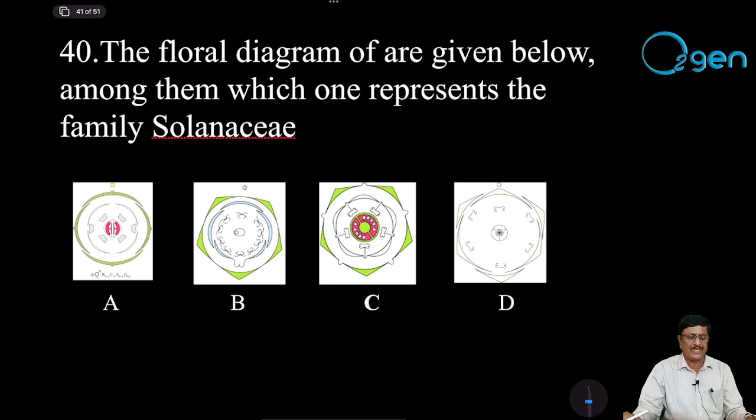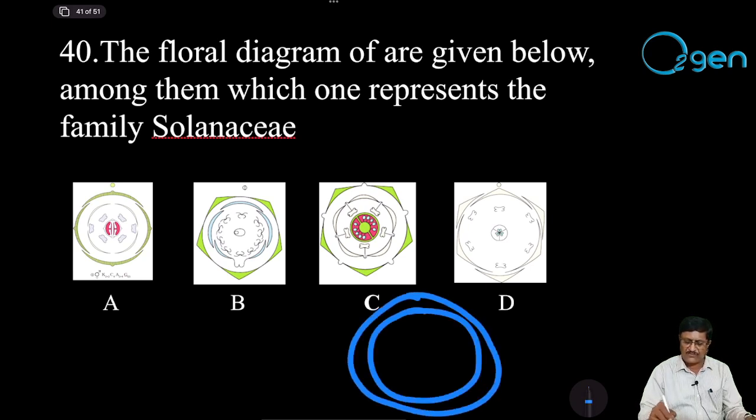Question 40. The floral diagrams are given below. Among them, which one represents the family Solanaceae? In the family Solanaceae, calyx are 5, corolla are 5, and stamens are epipetalous, meaning they are attached to the petals.